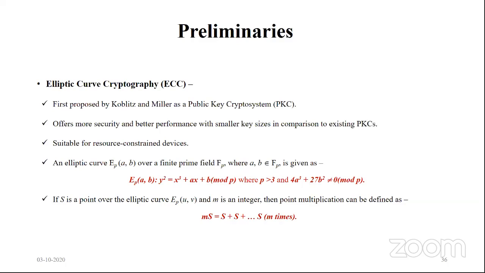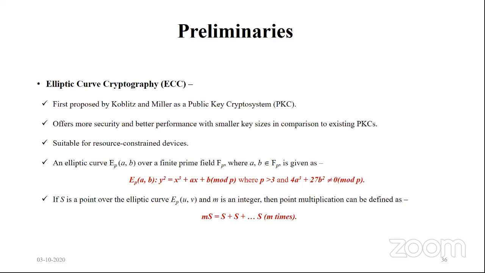If you talk about the fundamental logic of ECC, it involves an elliptic curve, and it basically works over a finite prime field, and the corresponding equation is shown. As you can see, y squared equals x cubed plus ax plus b mod p.